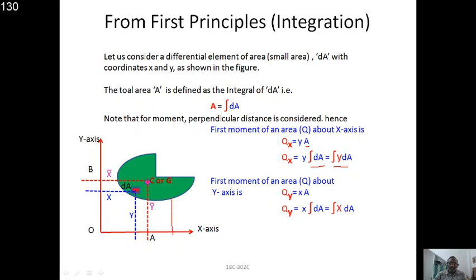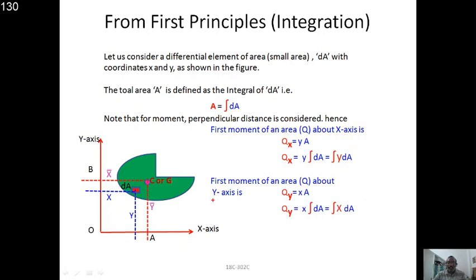Y can be y1, y2, y3, y4, like that. Y is going to vary at each location, so y is different at different places. That's why I took y into the integration term.